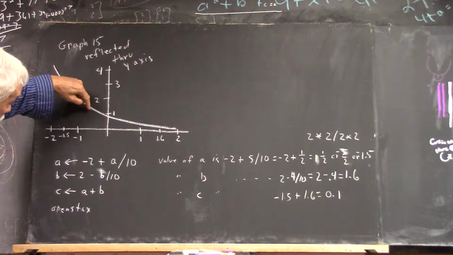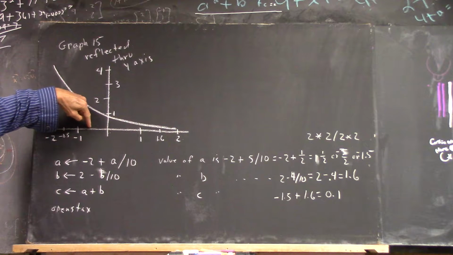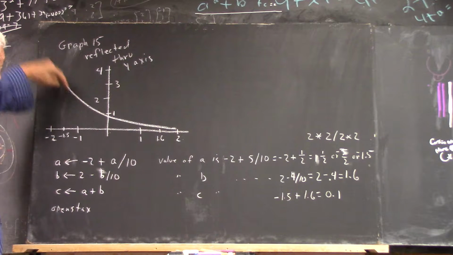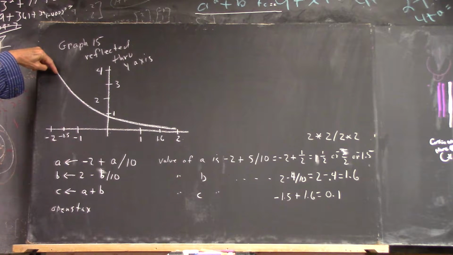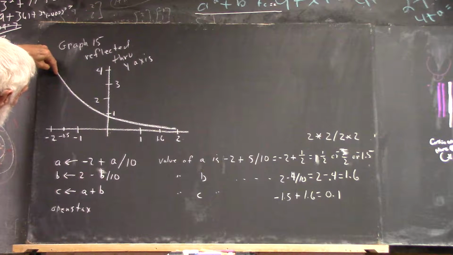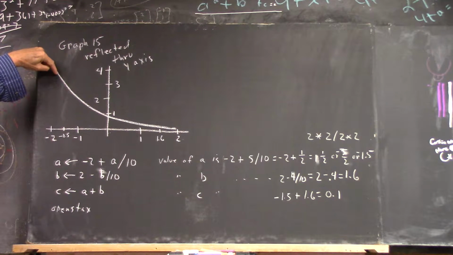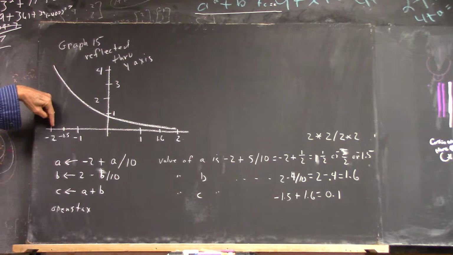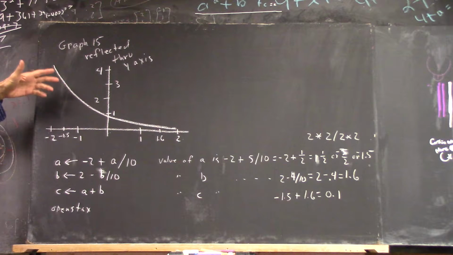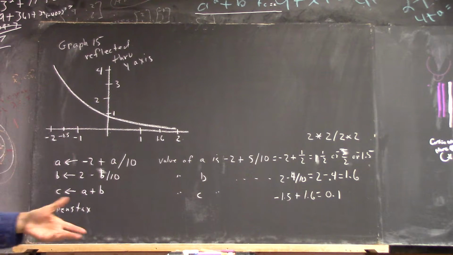Negative 0.5. Well, it looks like x is about maybe negative 0.6. Okay? So is that negative 1.5? No. Okay, what about this point? Yeah, that looks like x is about, I'm guessing, negative 1.8. Okay? So how am I going to find the value of y when x is negative 1.5?